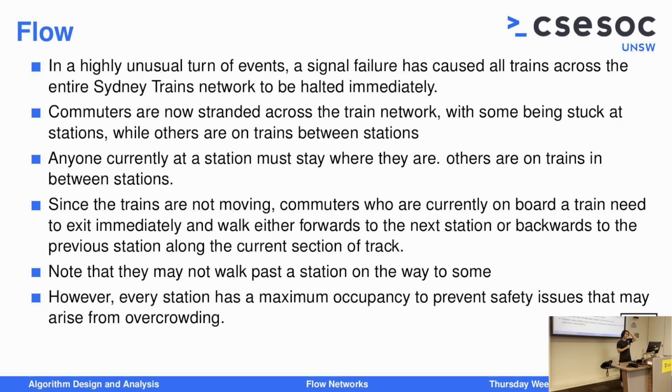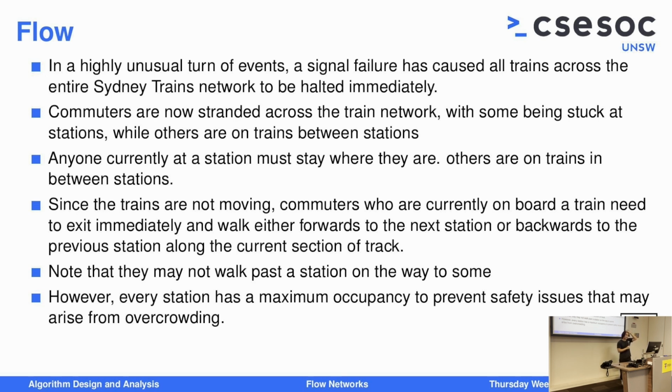In a highly unusual turn of events, a signal failure has caused all trains across the entire Sydney Trains network to be halted immediately. Commuters are now stranded across the train network, with some being stuck at stations, while others are stuck between stations. Anyone currently at a station must stay where they are. Others are on trains in between stations. Oops, sorry, I read the wrong sentence.